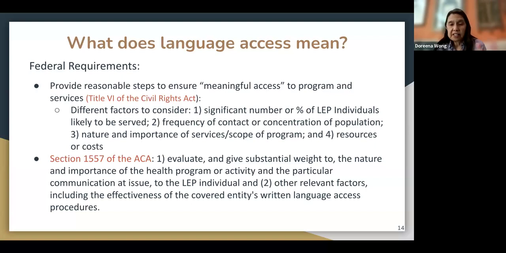It used to be these factors, but it's been modified somewhat by a recent regulation, Section 1557 of the Affordable Care Act, which broadens the number of factors that you can consider.